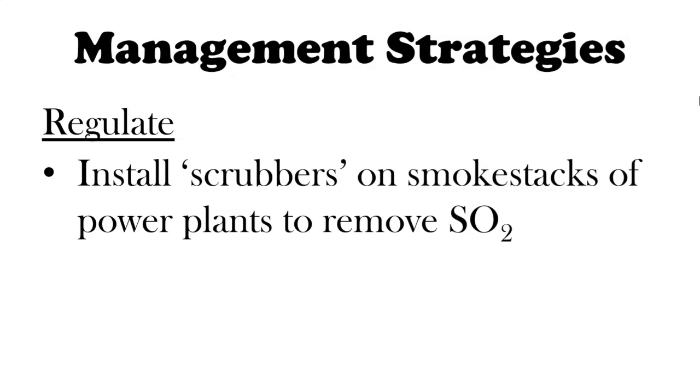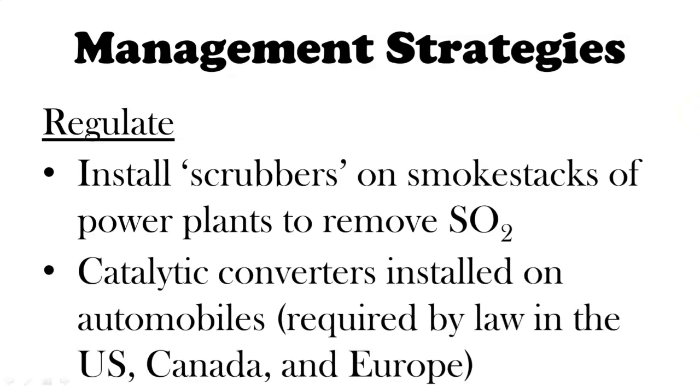The problem with these is that they tend to be expensive, so the power plants have been reluctant to install them. And we've already talked about the catalytic converter, which is a device installed on the exhaust system of automobiles. And this is used to trap a lot of those NOx emissions, and they're required by law in the United States, Canada, and many parts of Europe.